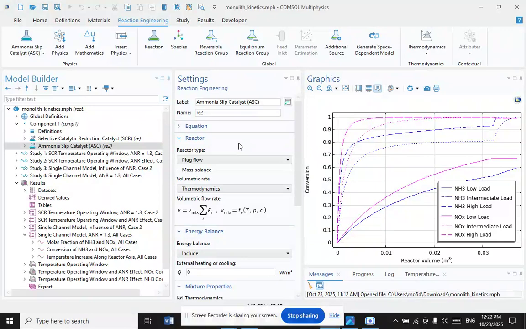Due to the undesired oxidation of ammonia, it is likely that a stoichiometric excess of NH3 is necessary. The excess ammonia will be converted in the second ammonia slip catalyst bed. The NOx forming side reaction in the second bed motivates as low ammonia injection as possible. This is also important for economic and pressure drop reasons.